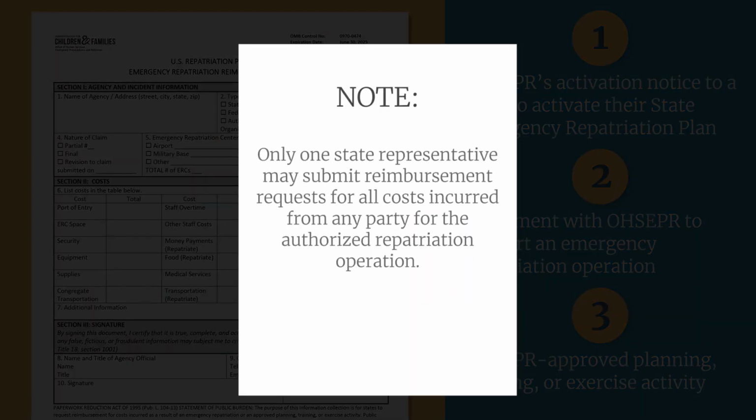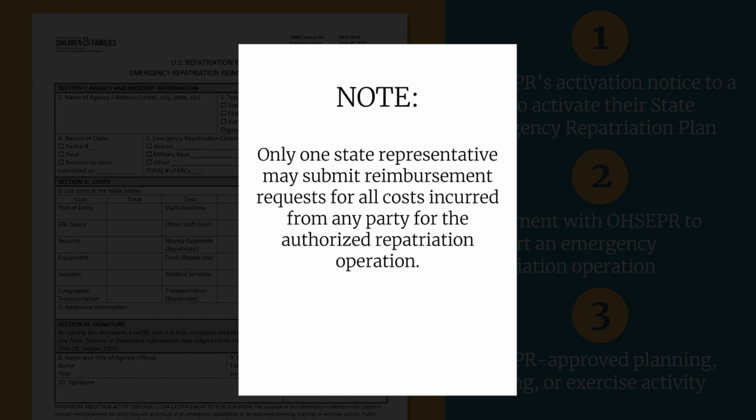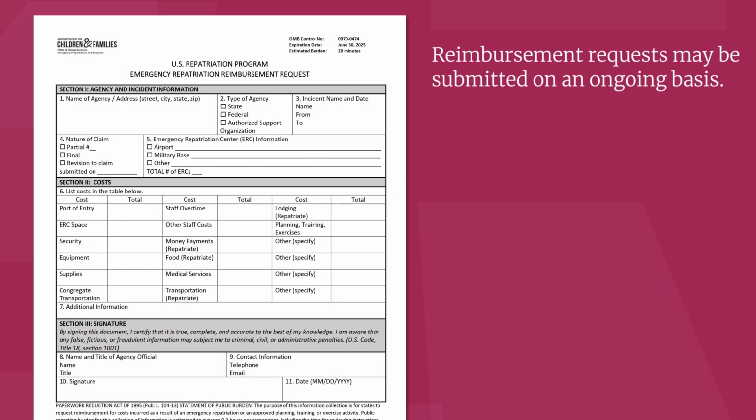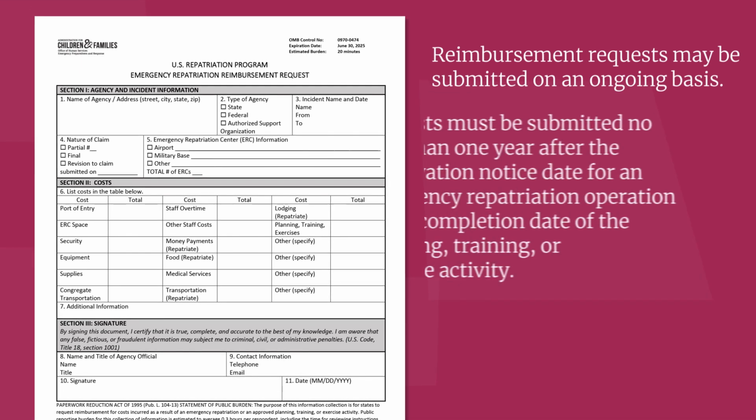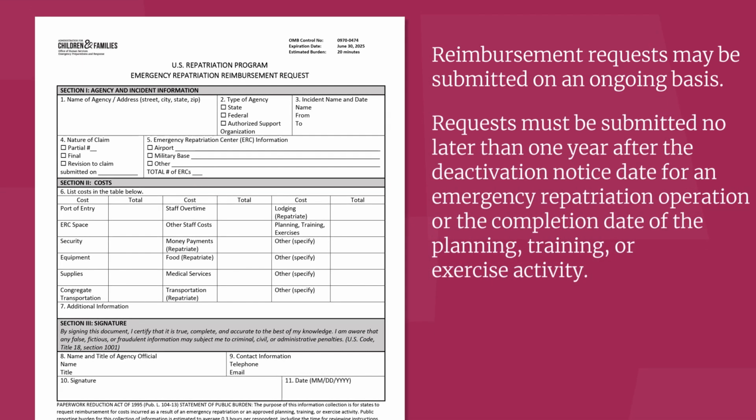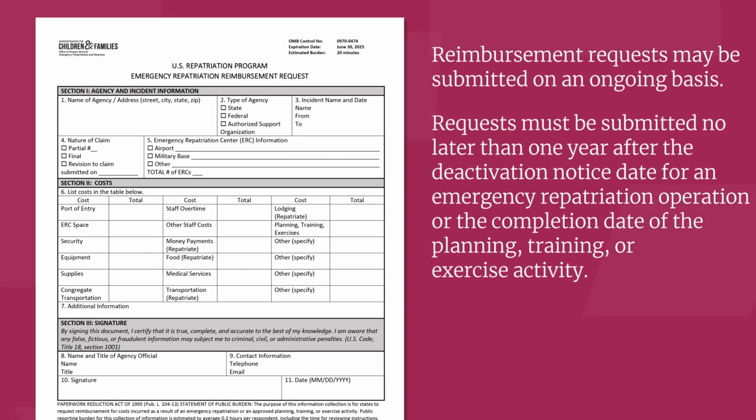Note that only one state representative may submit reimbursement requests for all costs incurred from any party for the authorized repatriation operation. Reimbursement requests may be submitted on an ongoing basis. However, requests must be submitted no later than 1 year after the deactivation notice date for an emergency repatriation operation or the completion date of the planning, training, or exercise activity.